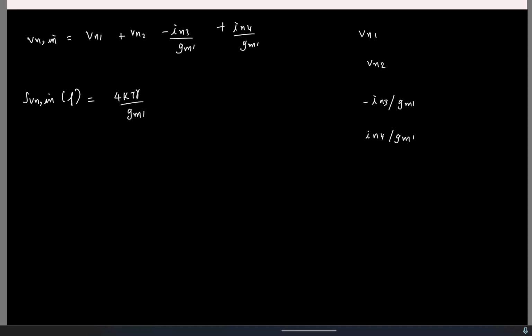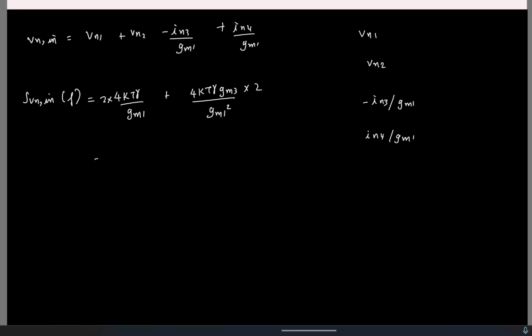Vn1 has a power spectral density 4kTγ/gm1, plus it is the same for the other, so both gms are equal and it is just 2 times this. Plus 4kTγ gm3 is the PSD of In3 divided by gm1 squared. Again, it is the same for In4, so it scales by 2.